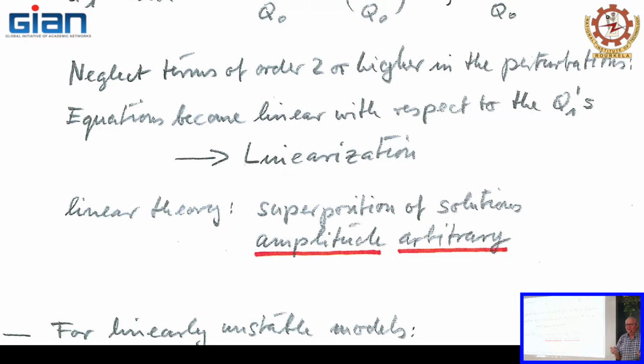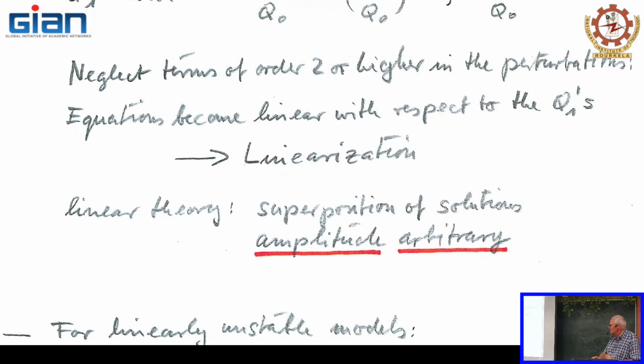So we have to follow the evolution of such an unstable perturbation into the nonlinear regime, once the terms of second order in the perturbations come into play, and then determine the amplitude.